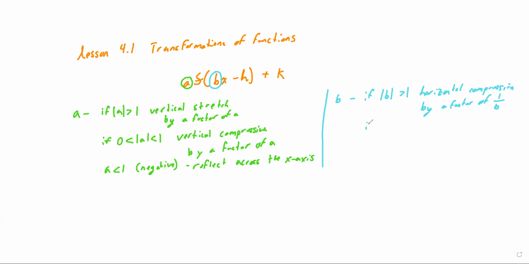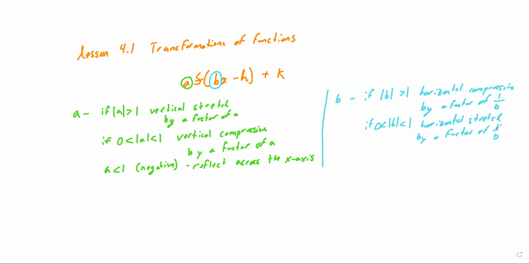And then if the absolute value of B is between 0 and 1, it will be a horizontal stretch by a factor of 1 over B. So meaning if B ends up being a third, then it's really a stretch by a factor of 1 over a third, which ends up being a 3.